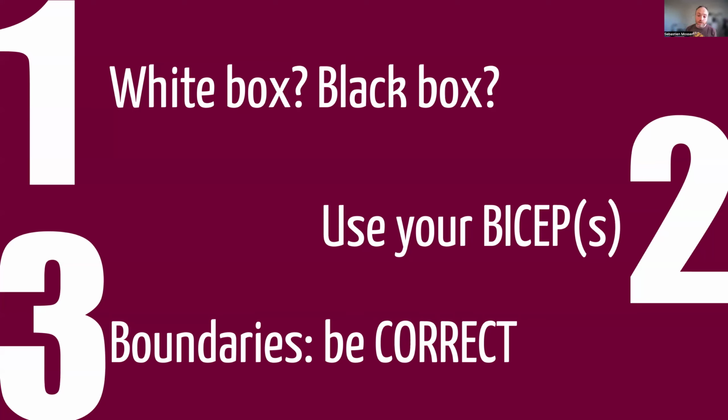To do this, there's another acronym that guides you, basically a checklist. BICEP tells you what to test, and CORRECT tells you, for boundary, which is the B of BICEP, what to test. You can see it as a zoom on all the things you need to think of when defining your tests.